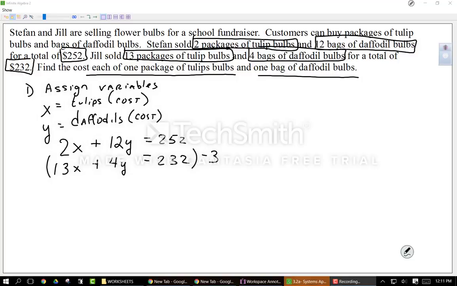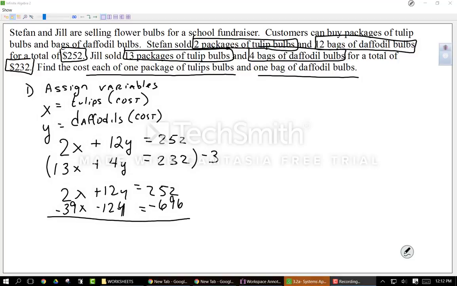I'm going to rewrite the first one again: 2x plus 12y equals 252. Now the second one is -39x minus 12y. That is why I multiplied by a negative, so I can just add them together. And then 232 times -3 is -696.